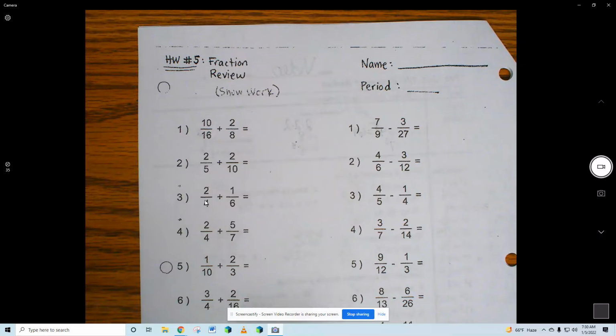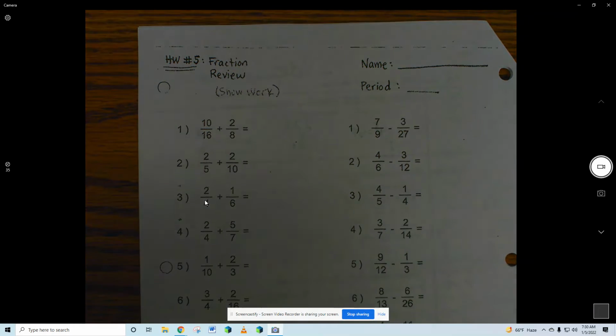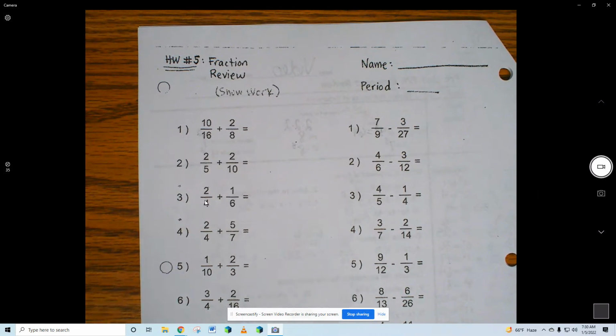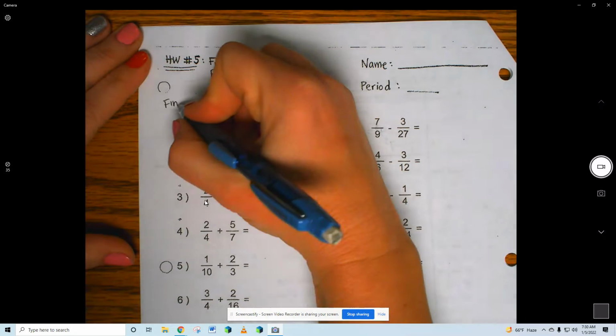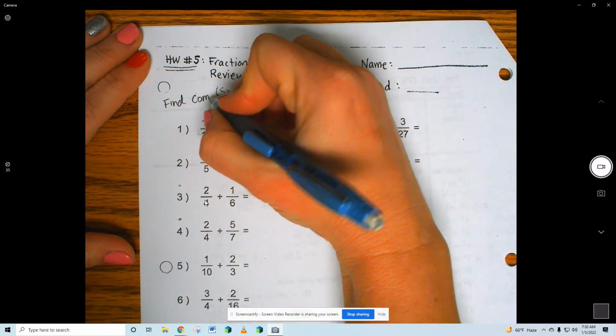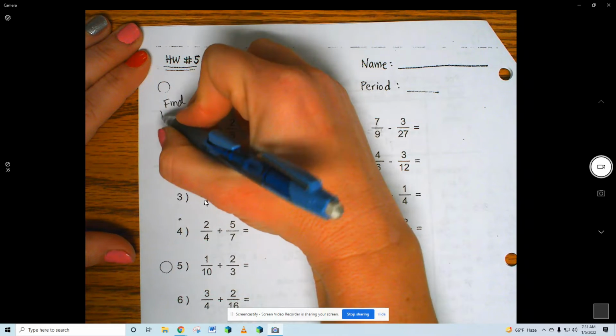Okay, I'm going to go through and do the first one of every example for you. First one of addition, first one of subtraction. So let's start with that. Adding. Here's the notes we need to know. Find a common denominator.